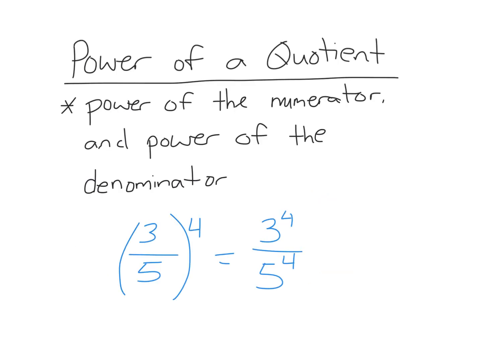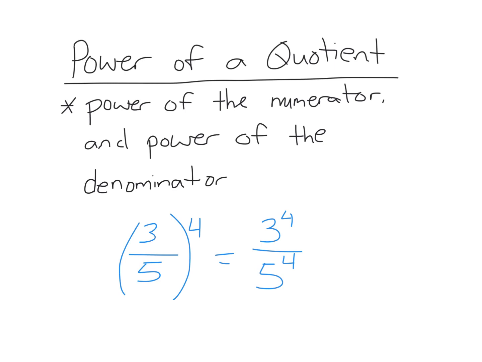Okay, let's look at power of a quotient. Yesterday we did power to a power. Same thing here, except it's in a quotient. You're going to take the power of the numerator and the power of the denominator. So for power of a quotient, think distributing: you're taking that power to the numerator and to the denominator, to every term, just like we did with power to a power.